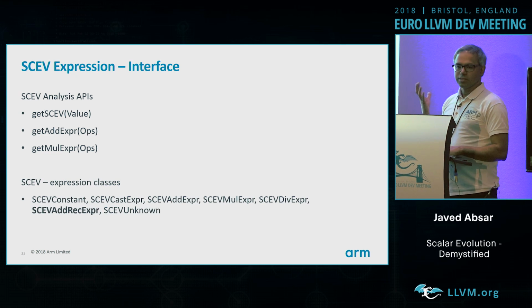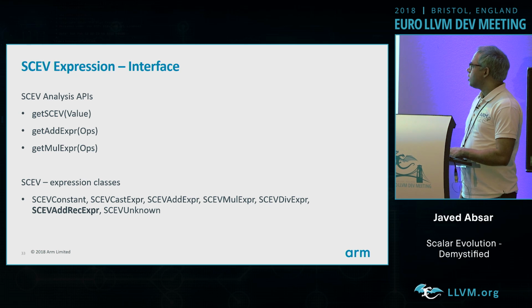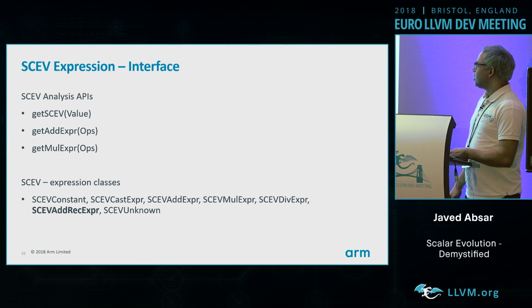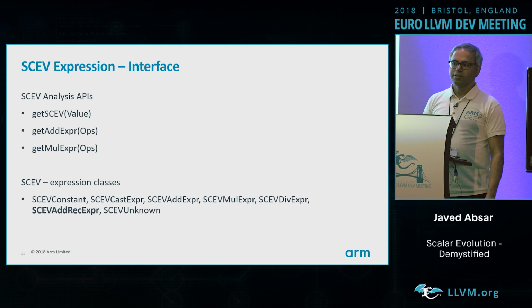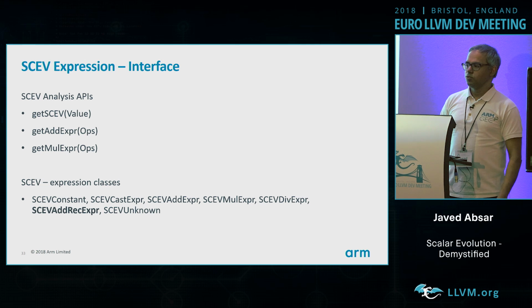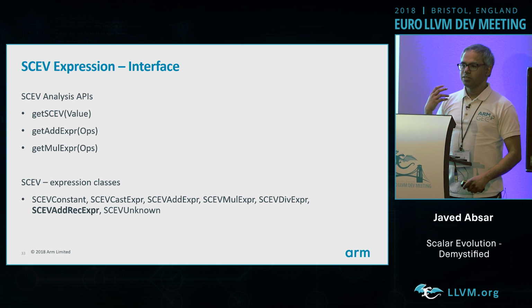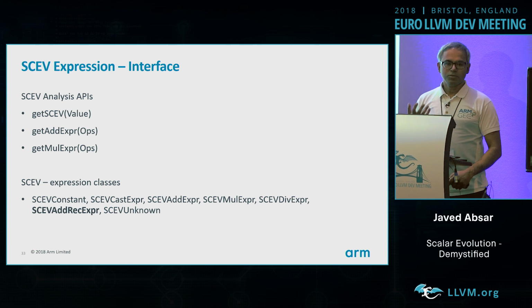Internally, it has different expression classes, as you could have guessed. The most important one is the SCEV add recurrence expression. The rest is quite explicit. For example, if you call a function inside your loop and it returns a scalar value, what can you say about the evolution of that scalar variable? Not much.